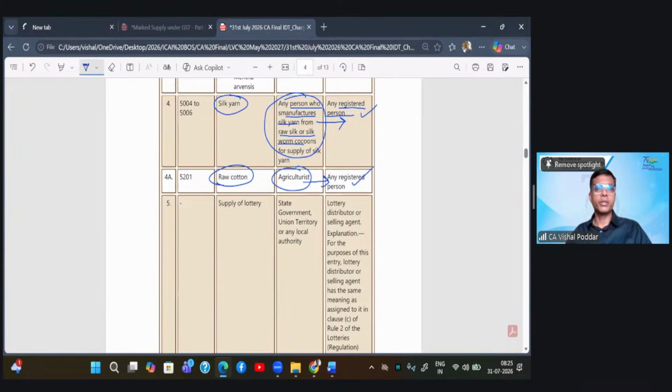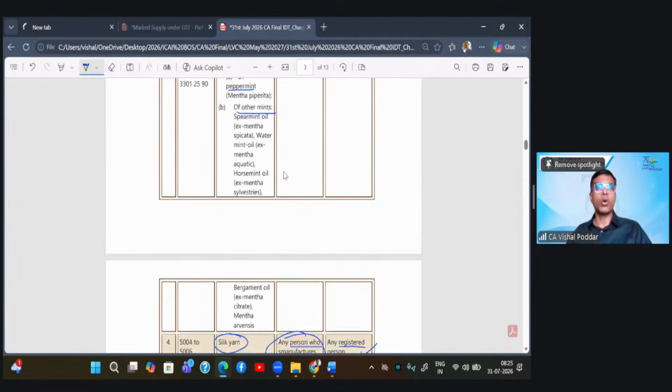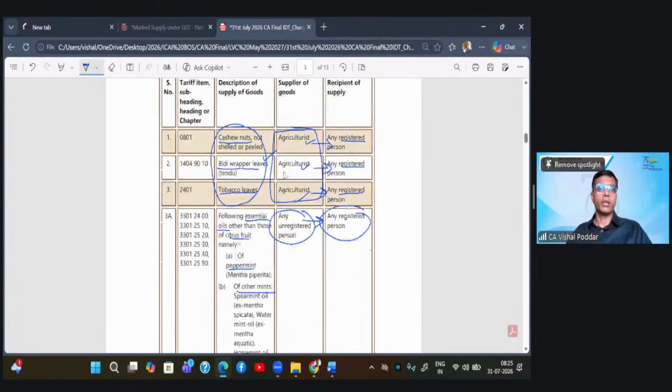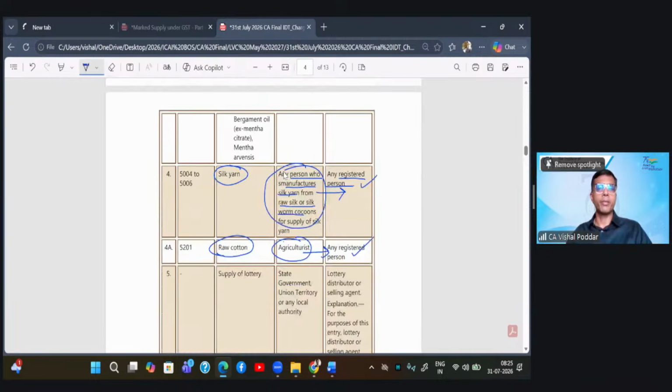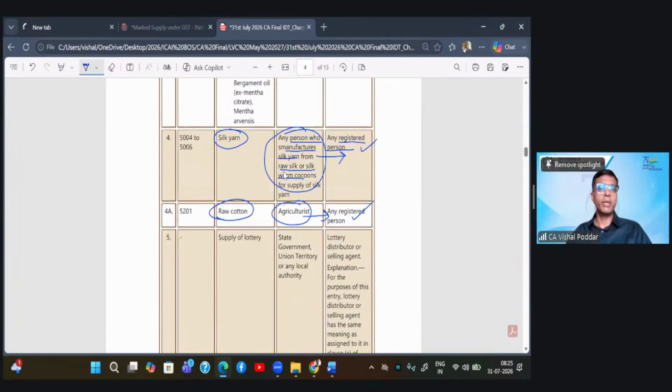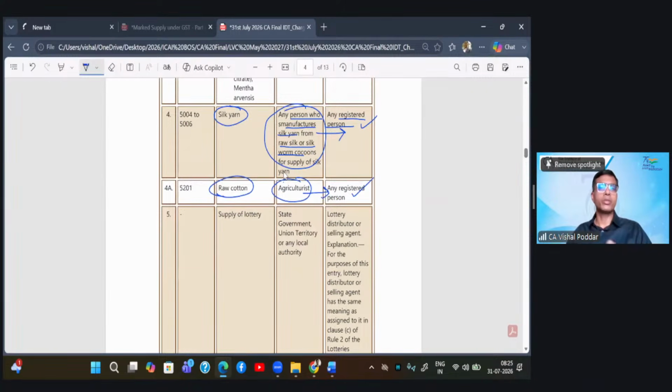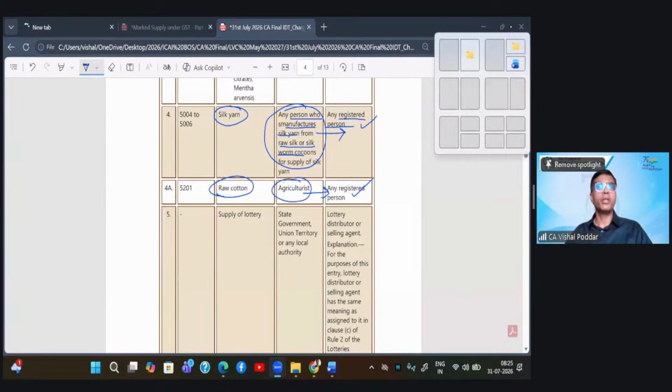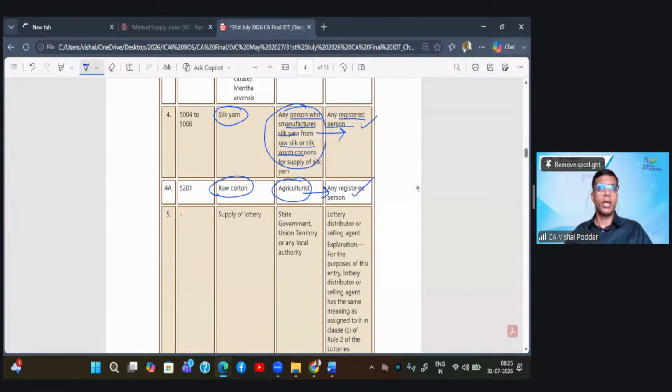So if you see the first five, six items, what is the common logic flowing through it? The common logic is that majorly they want to keep the agriculturist outside the GST clutches. Because we all know that whenever someone is covered in GST, you have to do everything online. And today, the level of compliance in GST, I'm sure in your articleship you will have faced this, is very high. You have to maintain proper records.